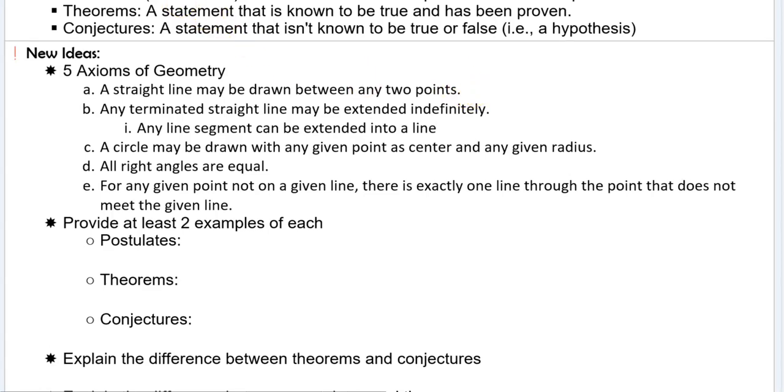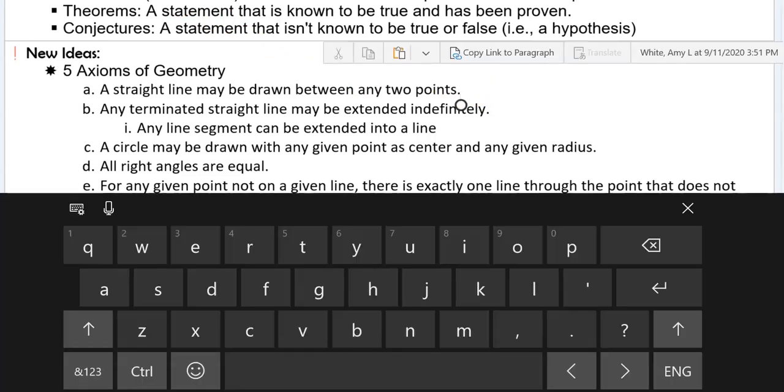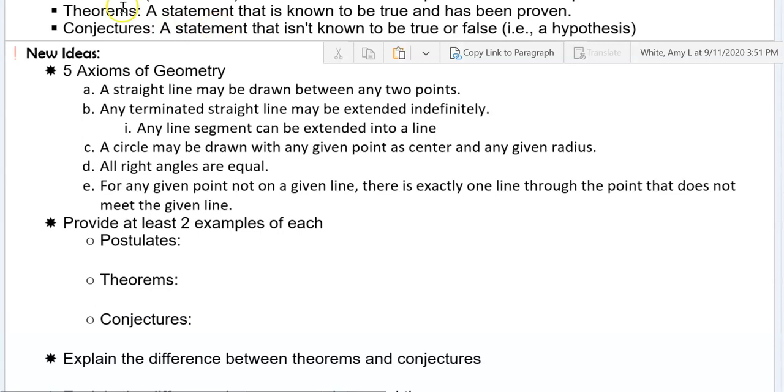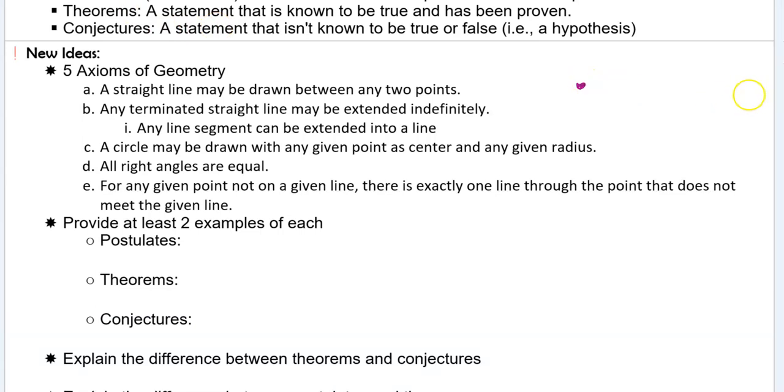So in our first statement, if I were to draw any 2 points, there is only one line, and it is a straight line that can be drawn.